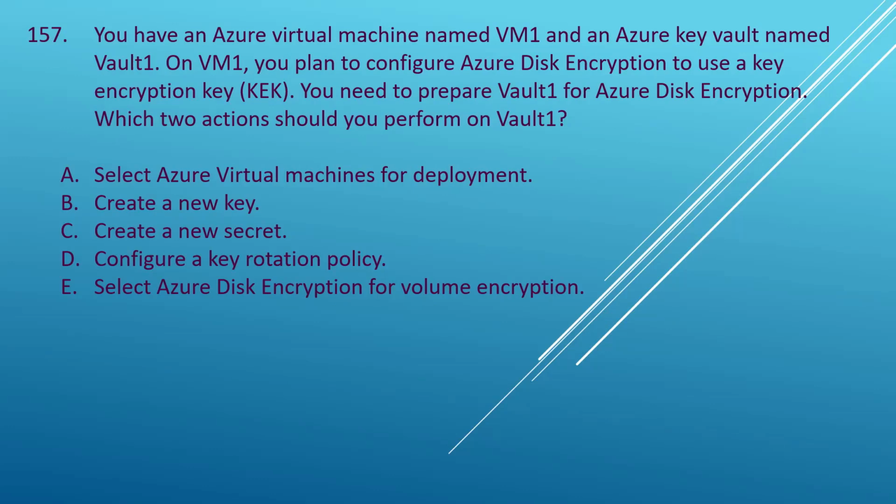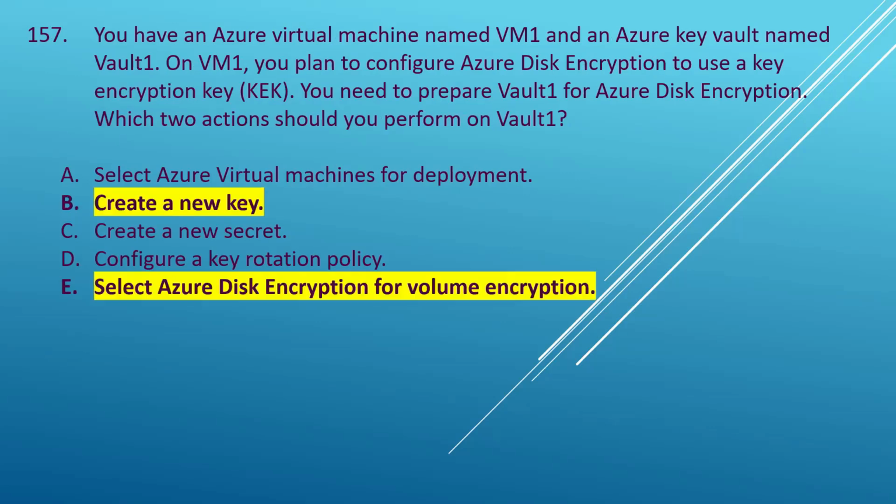Your options are: select Azure virtual machines for deployment, create a new key, create a new secret, configure a key rotation policy, select Azure Disk Encryption for volume encryption. And folks, the correct answers here are create a new key and select Azure Disk Encryption for volume encryption.